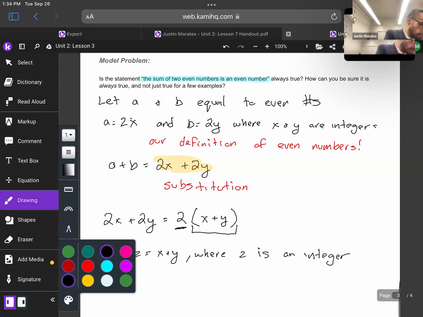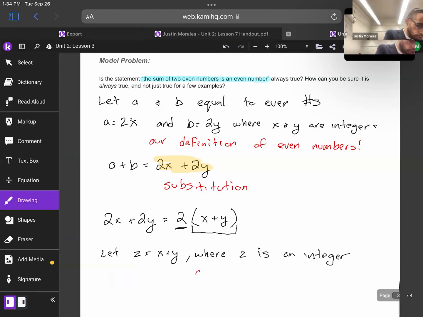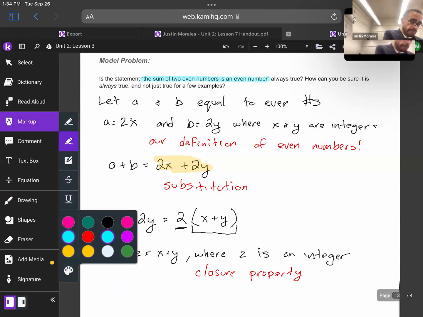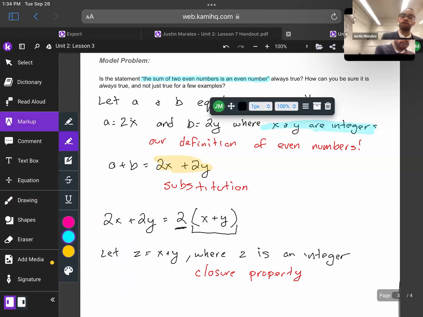The reason we're able to say this is due to the closure property. I'm going to highlight where we made that claim: we already said X and Y are integers. We made that claim very early. So under the closure property, we can say Z is also an integer.